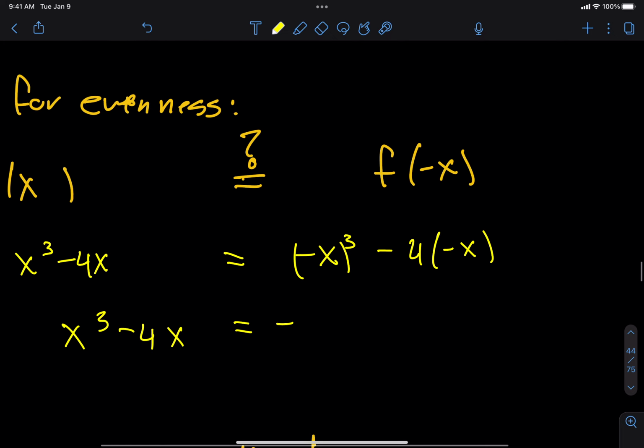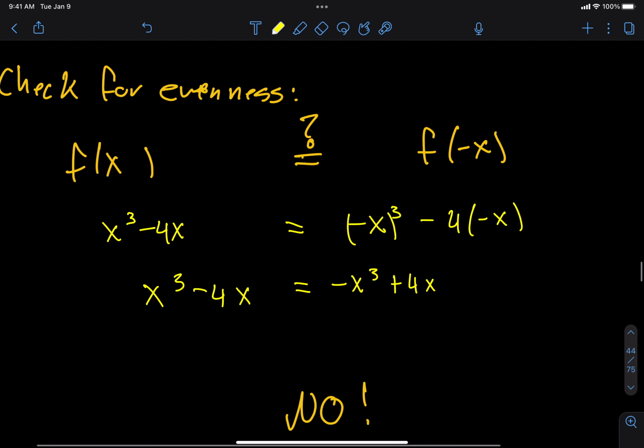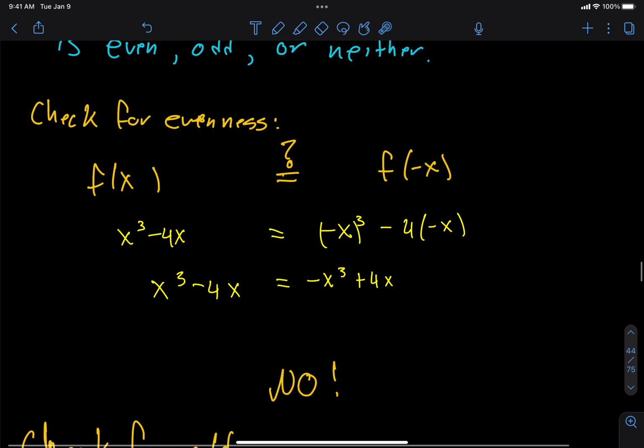It becomes negative x cubed plus 4x. So they're not the same. Does that make sense? That's how I can say with confidence this function is not even. When I plug in negative x and I plug in x, I don't get the same thing on both sides.